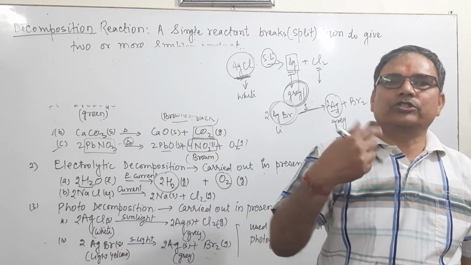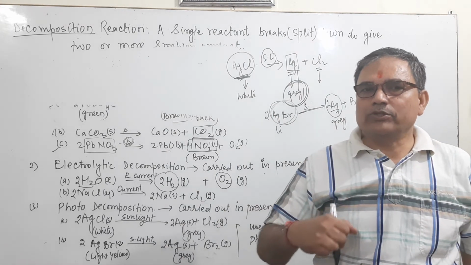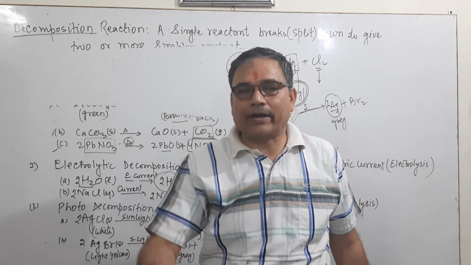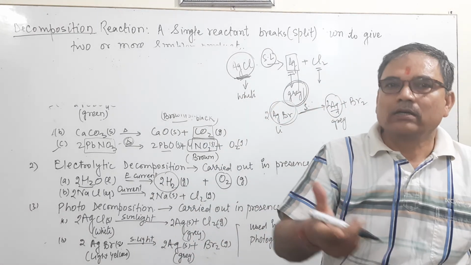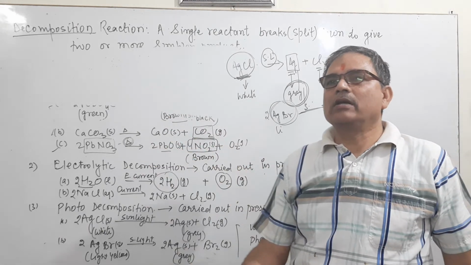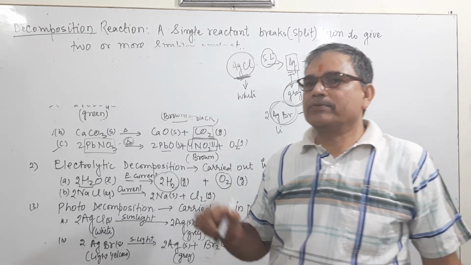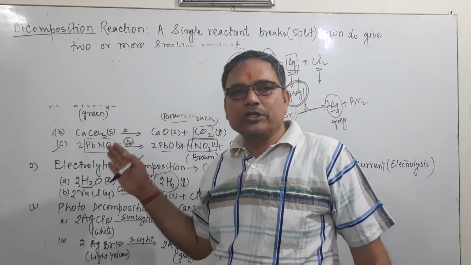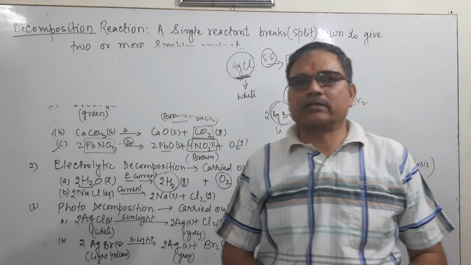In decomposition reaction heat is absorbed; most decomposition requires heat to break. So most decomposition reactions are endothermic reactions, and in endothermic reaction heat is absorbed. Therefore decomposition reaction is opposite to a combination reaction. Is it clear?